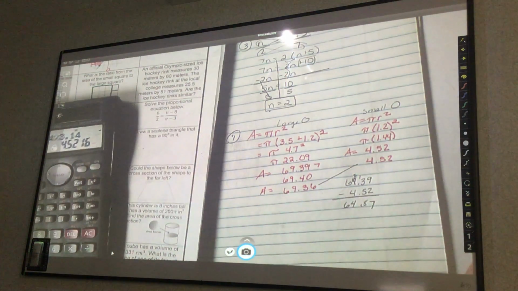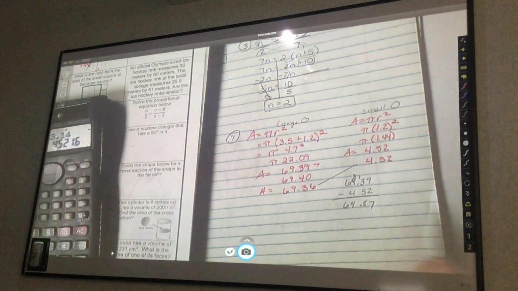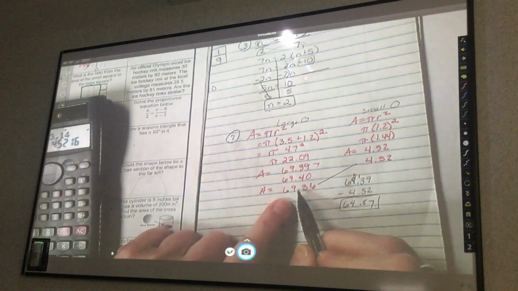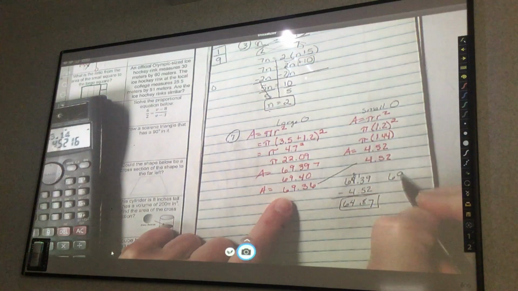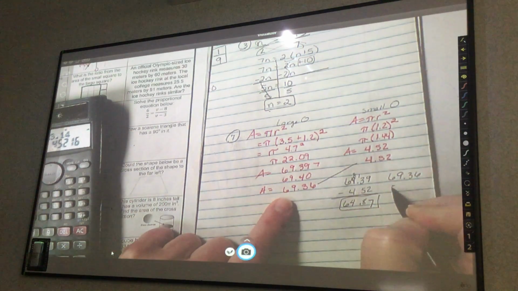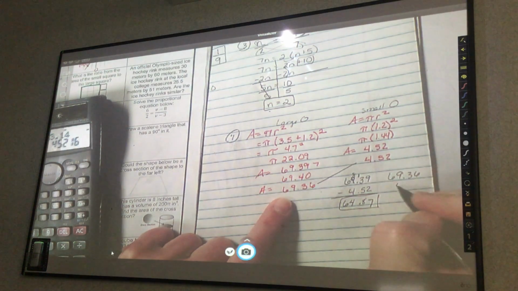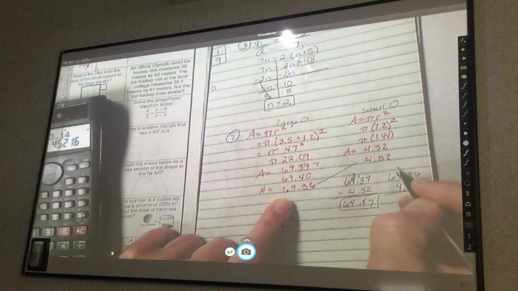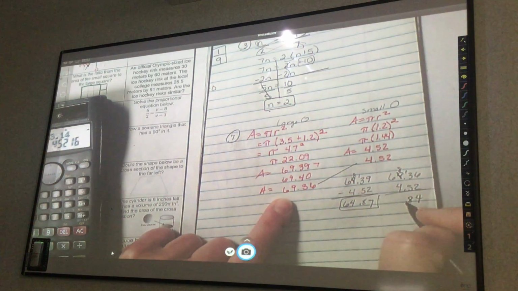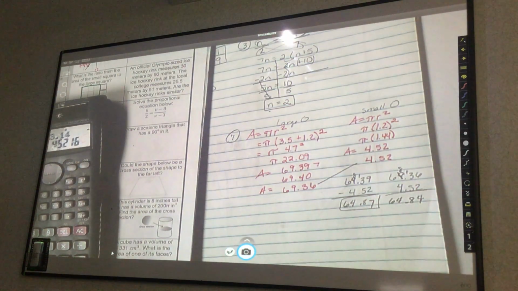So I have 64.87. If you use the 69.36 minus 4.52, you get 64 and 84 hundredths.